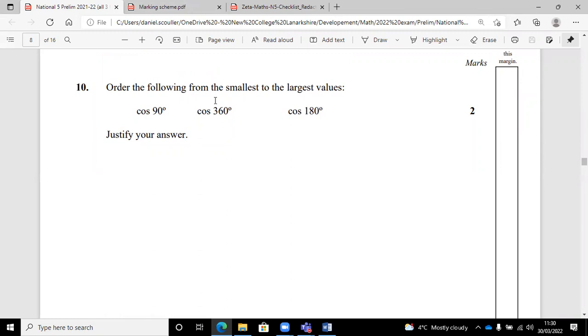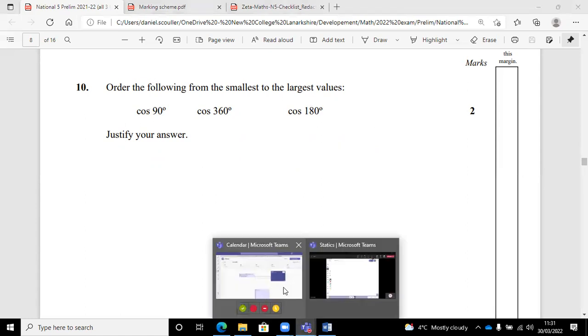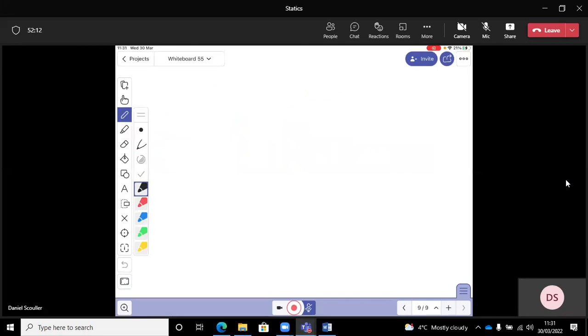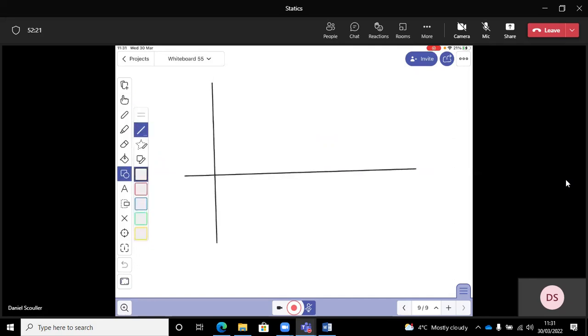All you need to do is draw out the cost graph and then look at where cost 90 is, cost 360 and cost 180. So the cost graph between 0 and 360.